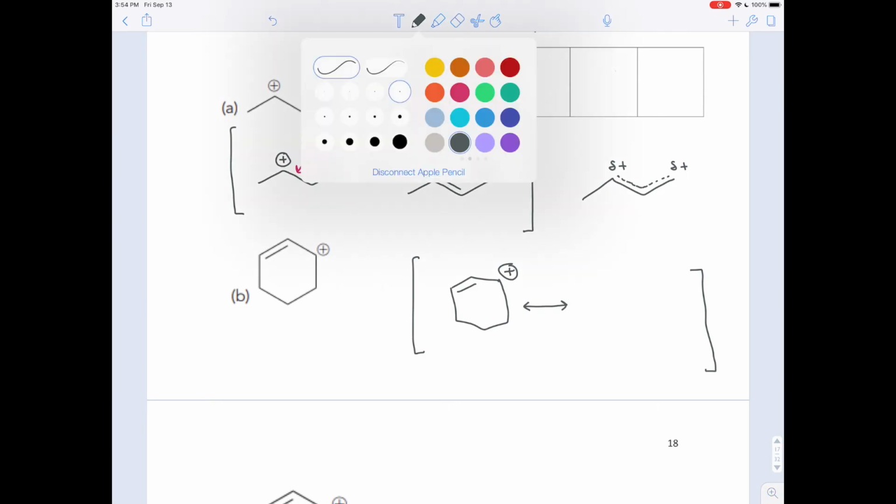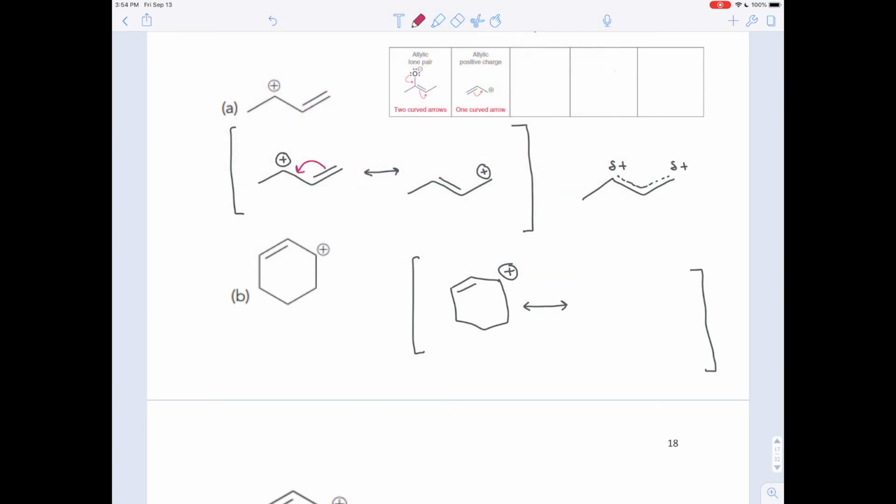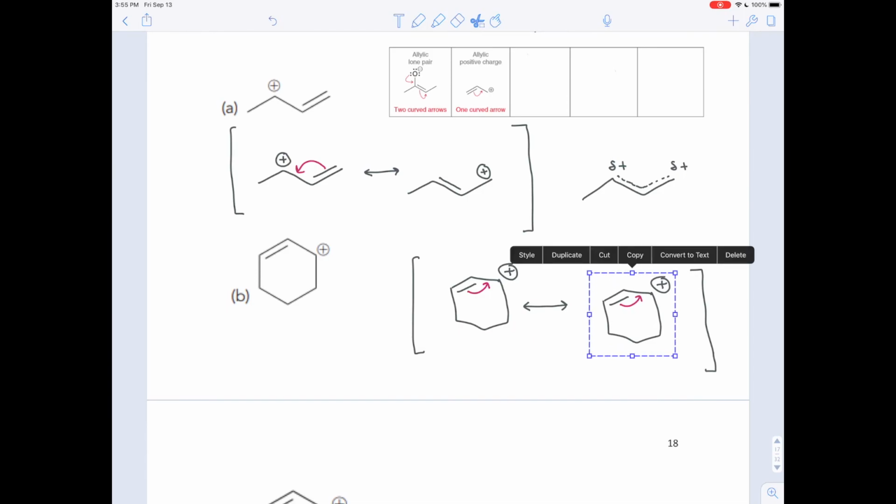And anytime you have an allylic lone pair, the pi electrons go to form a new bond toward the positive charge. That's just the curved arrow pattern associated with that. So you can take that same structure, copy it, and just redraw it over here, just without the curved arrow.